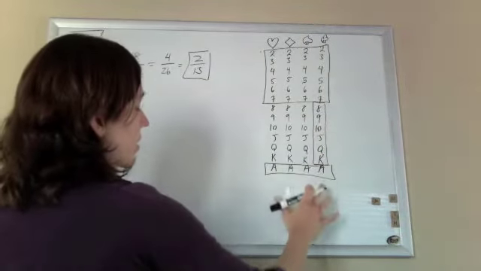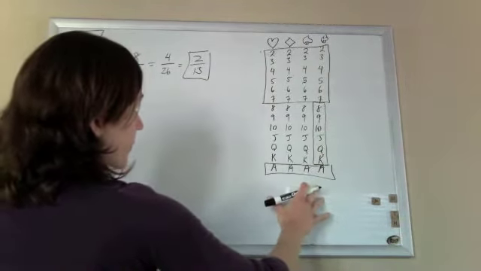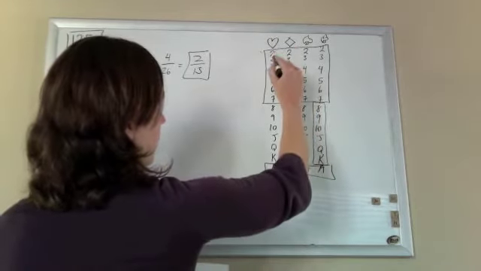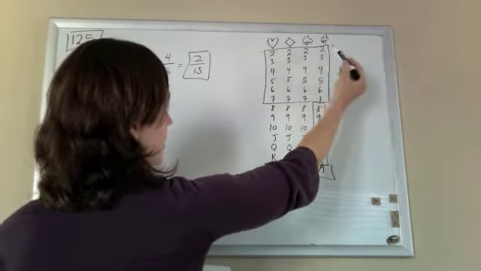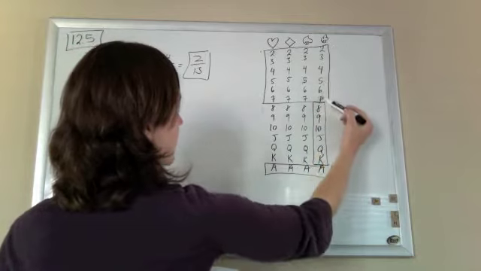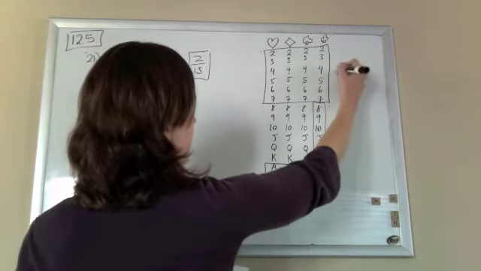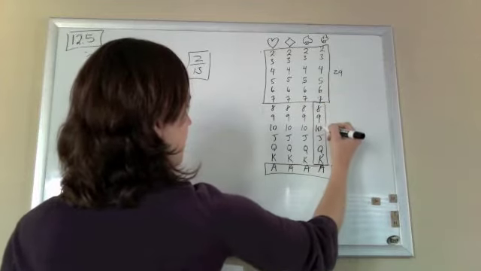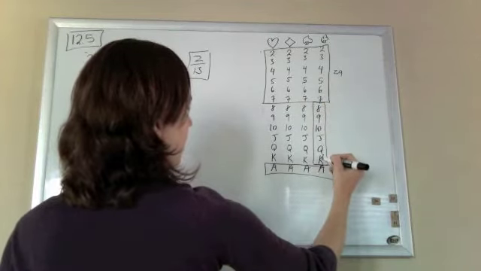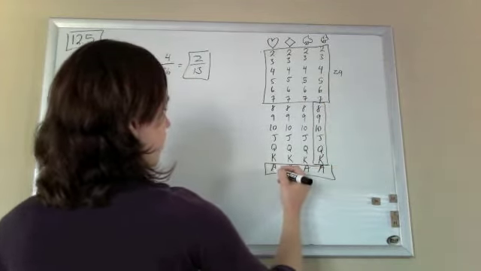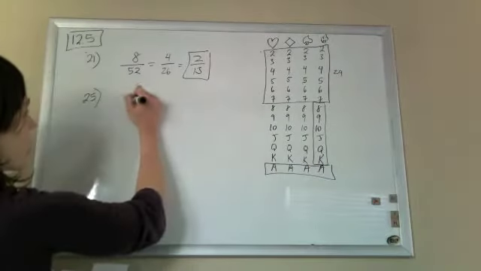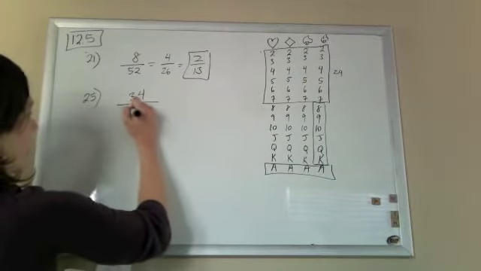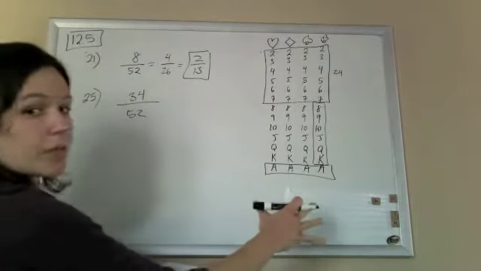So I've boxed all the ones that I want. So I have 1, 2, 3, 4 times 1, 2, 3, 4, 5, 6. So there are 24 cards in there. 25, 26, 27, 28, 29, 30, 31, 32, 33, 34. So there are 34 cards that I want out of the 52 cards total.